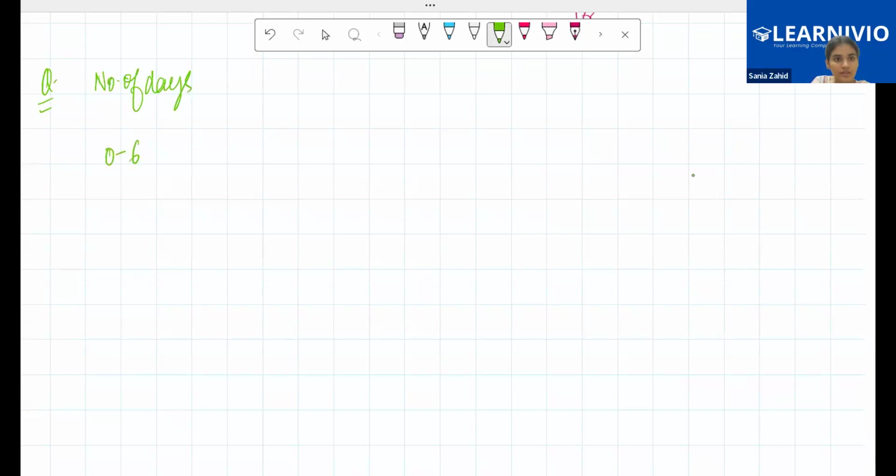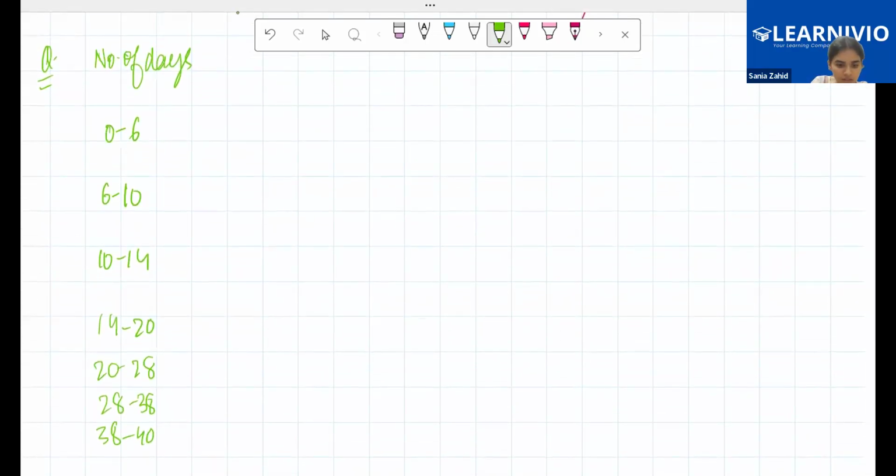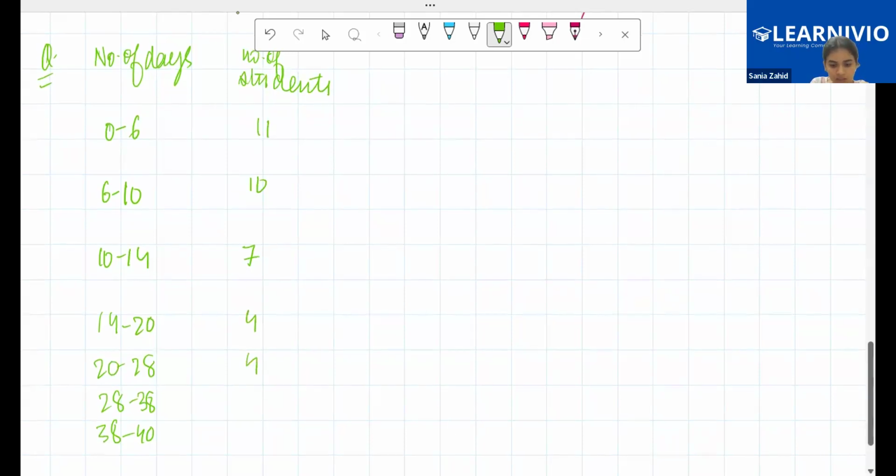First is 0 to 6, 6 to 10, 10 to 14, 14 to 20, then 20 to 28, 28 to 38, and 38 to 40. Right? Then what is the number of students? It is 11, 10, 7, 4, 4, 3, 1.